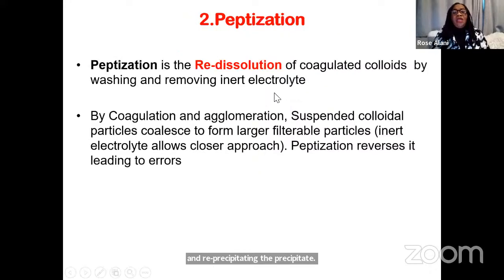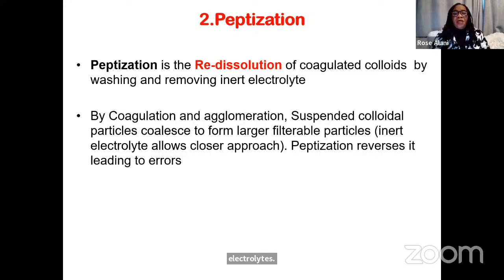So we now go to the number 2 error. The first error we saw was co-precipitation, of which we have looked at four different types. The second error in gravimetry is peptization, which is the redissolution of coagulated colloids by washing and removing inert electrolytes.